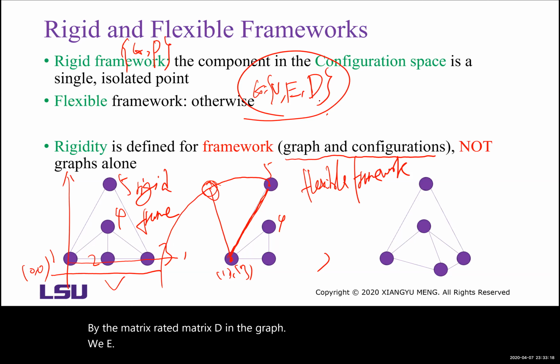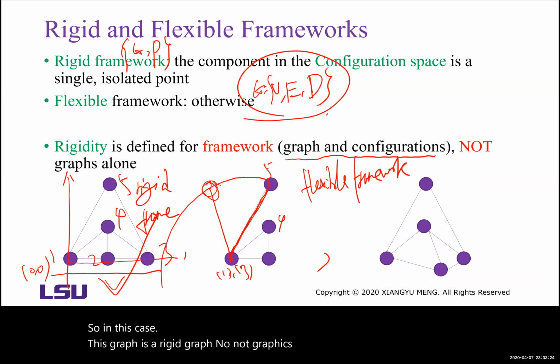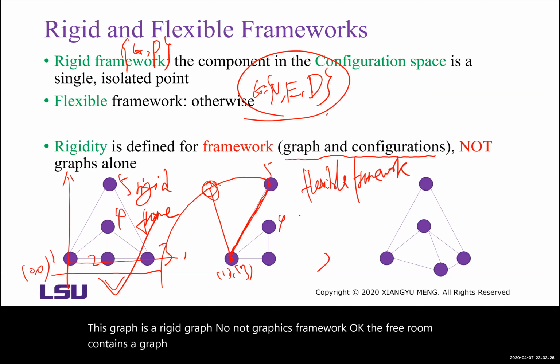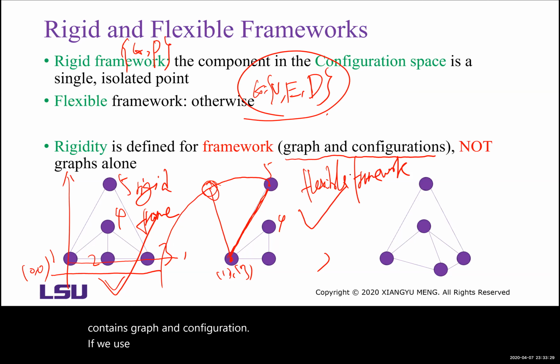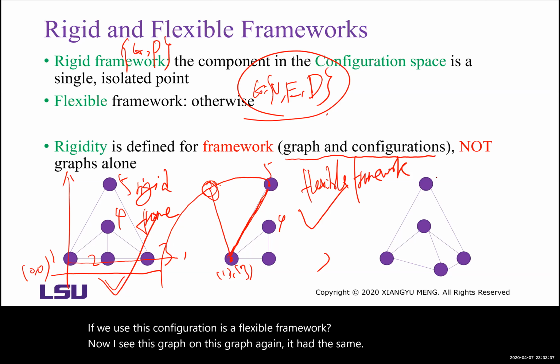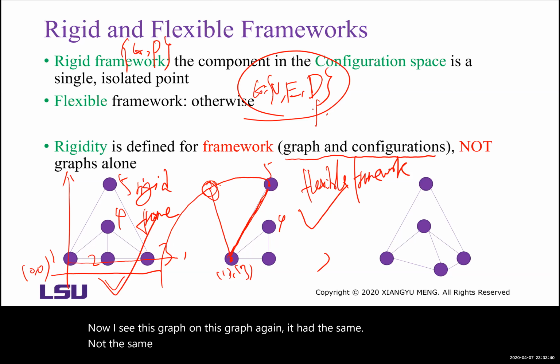So in this case, this graph is a rigid graph. No, not graph, it's framework. The framework contains a graph and configuration. If we use this configuration, it's a flexible framework. Now let's see this graph again. Not the same graph, now we change the matrix D. If we change the matrix D, there's only one rigid realization.